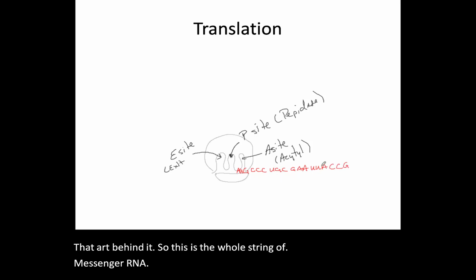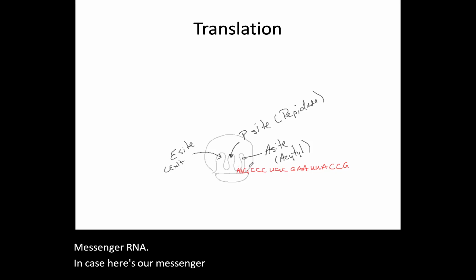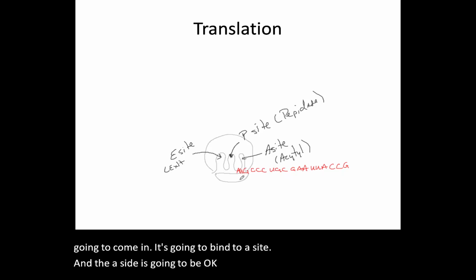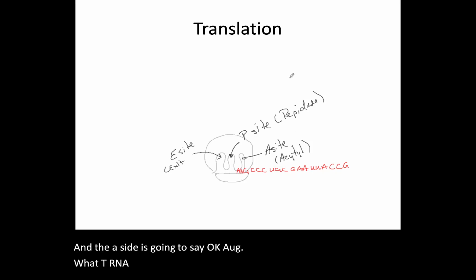Okay, so here's our messenger RNA. Again, the first codon is going to come in. It's going to bind to the A site. And the A site is going to say, okay, AUG. What tRNA do we need? Well, here's a tRNA.